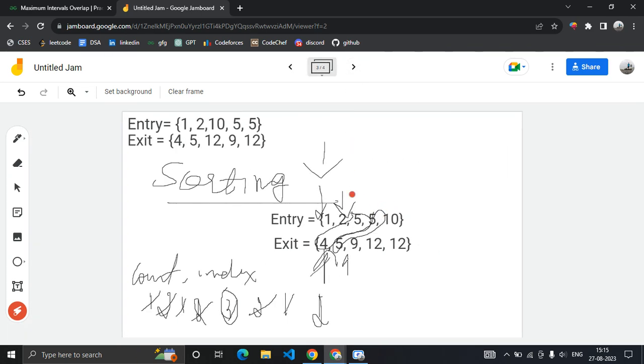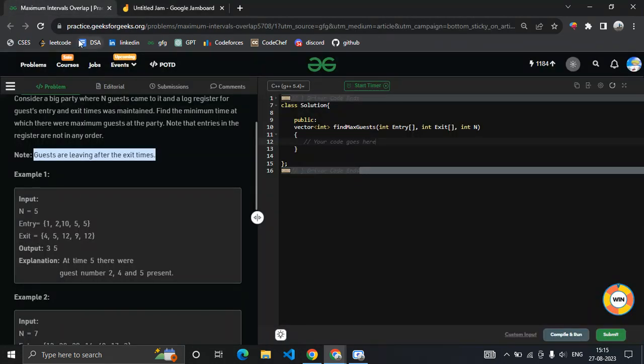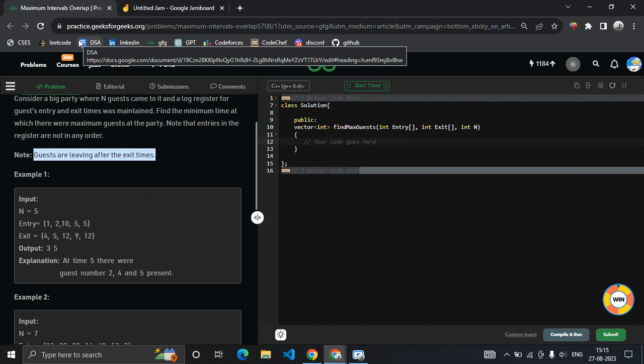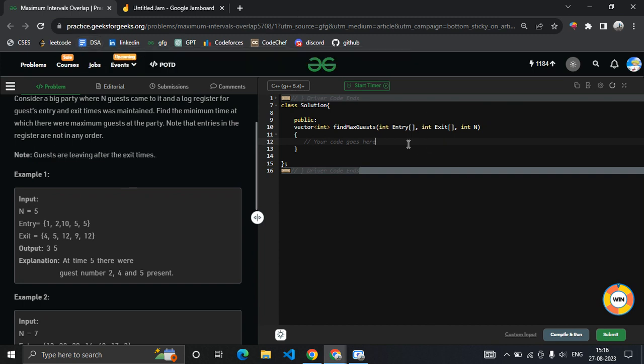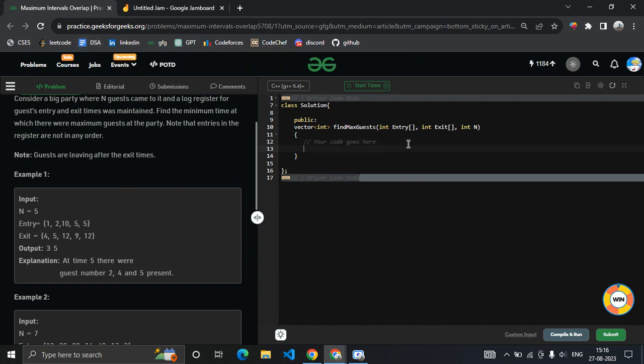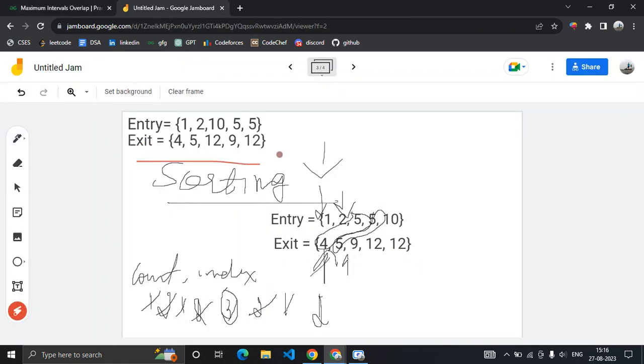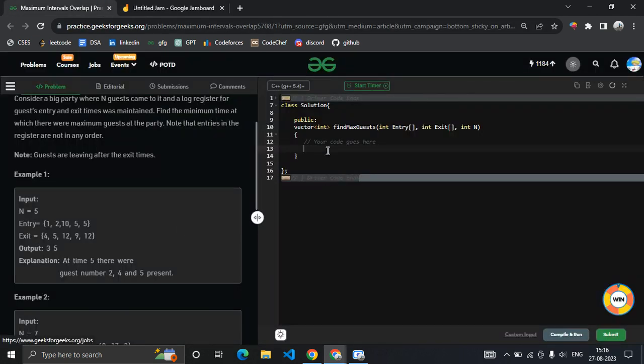Now let's come to this approach. What we have to do first? I will write C++ code. I recently switched from Java to C++, so I will write C++ code here. Initially, we have to sort.